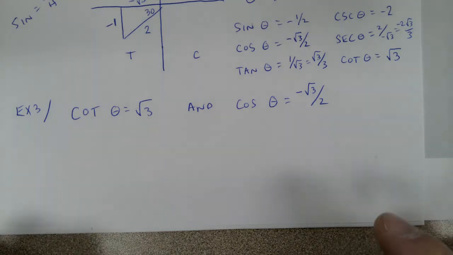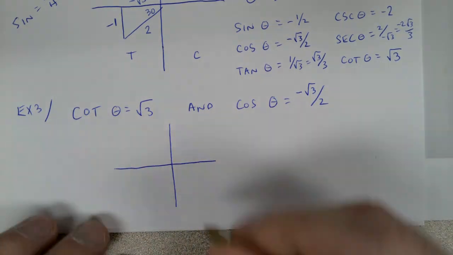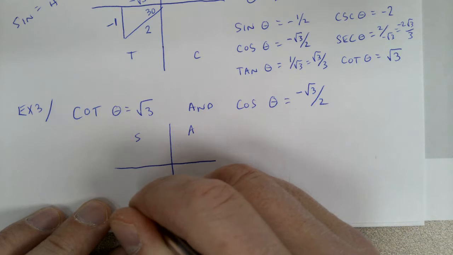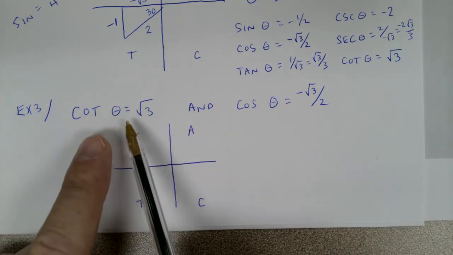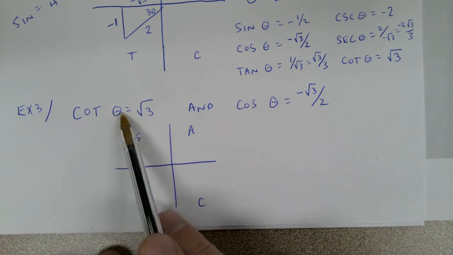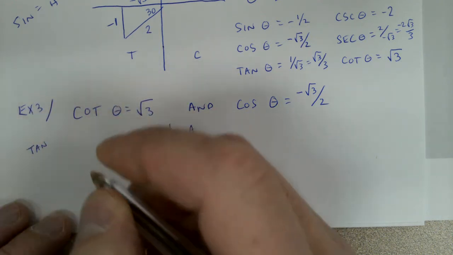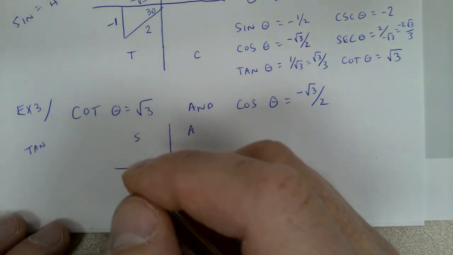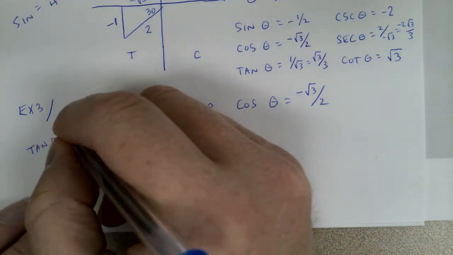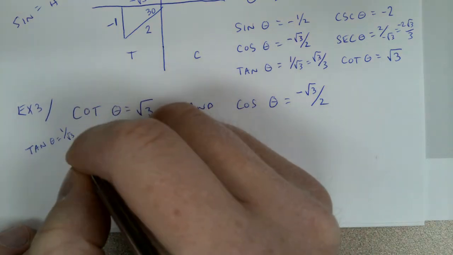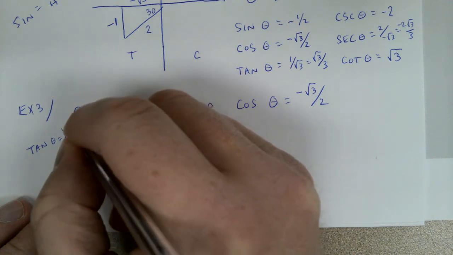Okay, as we take a look at this one, I'm going to draw my picture again. Again, all students think college. Now this one is cotangent, so you have to remember, if cotangent theta is radical 3, that means that the tangent theta is going to be 1 over radical 3, which would be radical 3 over 3.